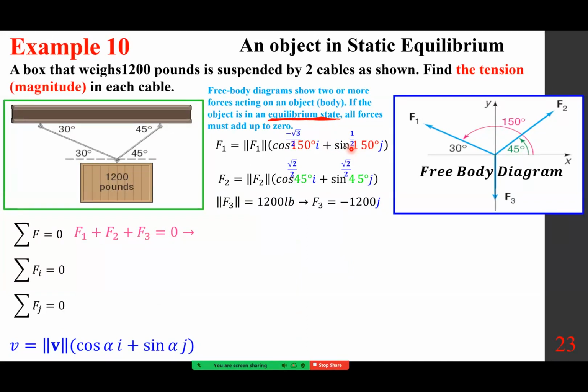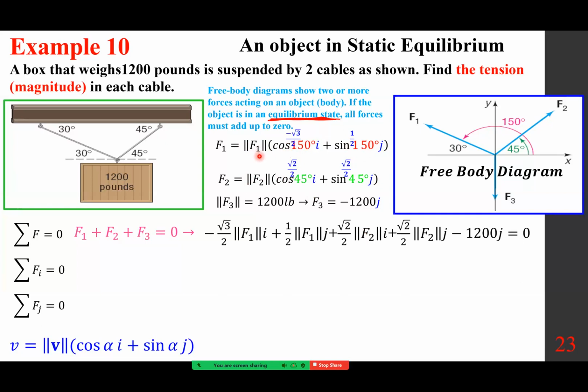So now, let's add them up. Add up these three. For example, this one is magnitude of F1 times minus square root of 3 over 2 I. This one is 1/2 magnitude of F1 J, and the rest of them continue in the same manner.